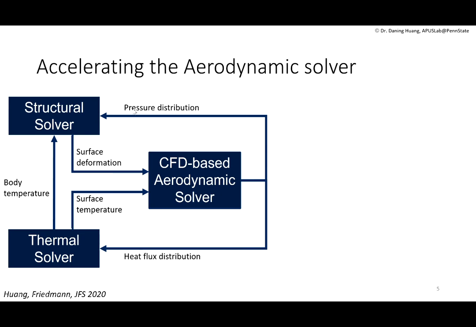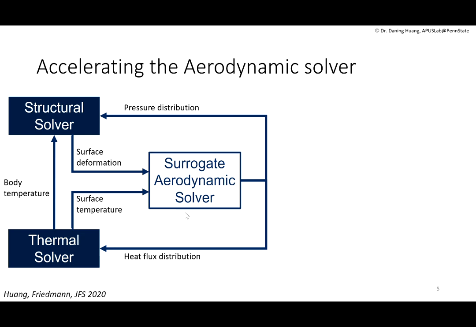And then these pressure and heat flux loads will be transferred back to the structural and the thermal solvers. And what we initially did is to replace the CFD-based aerodynamic solver using a surrogate solver.